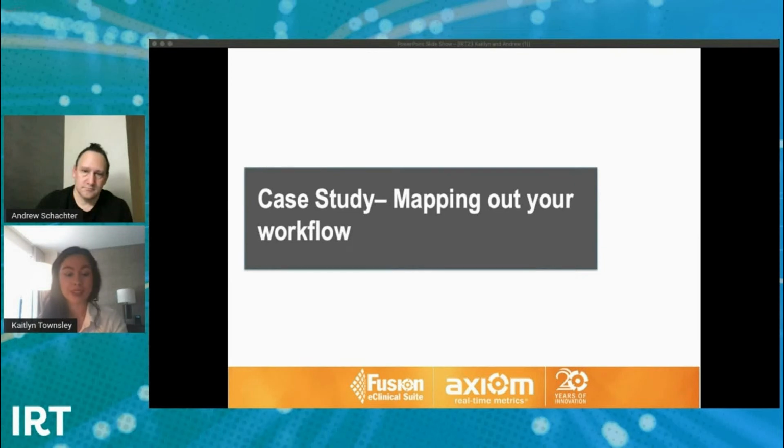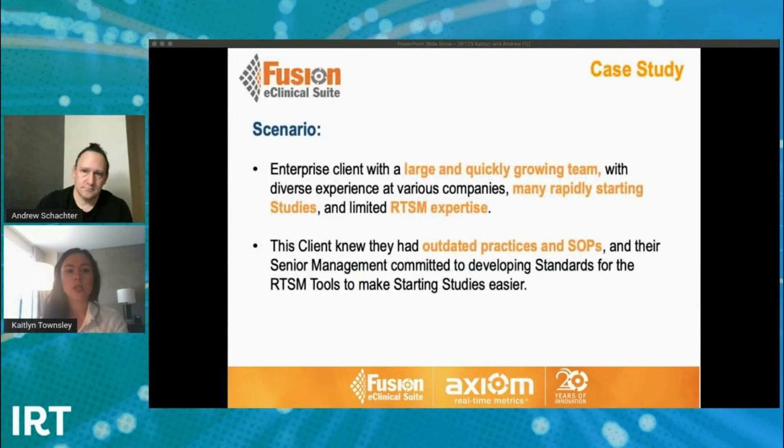So we're going to walk through a case study together. In this example, we're looking at a client that was an enterprise client with a large and quickly growing team that had a lot of diverse experience at lots of different companies, but maybe some limited RTSM expertise, and had many studies starting concurrently.